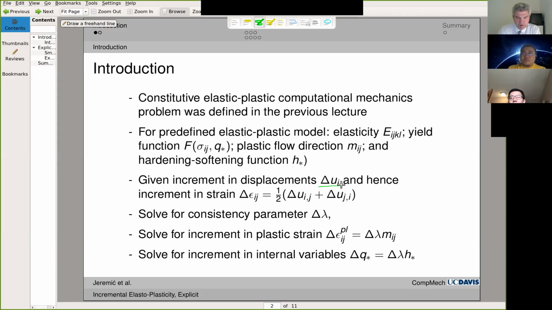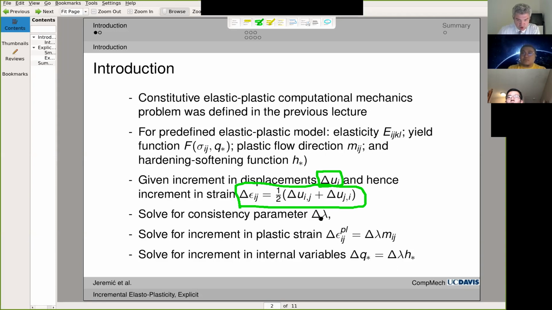For this increment in displacements, we can find an increment in strain by essentially doing a small deformation definition of strain. This is essentially index notation, 1/2 of partial derivative of delta ui over dxj plus partial derivative of increment in delta uj over dxi.